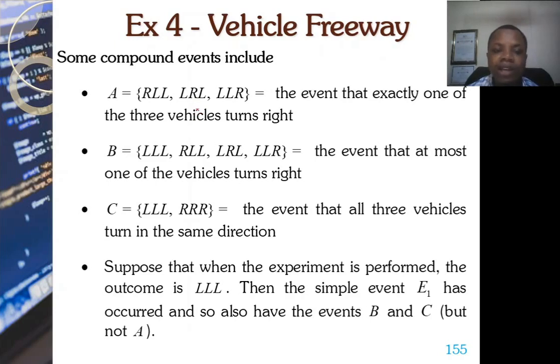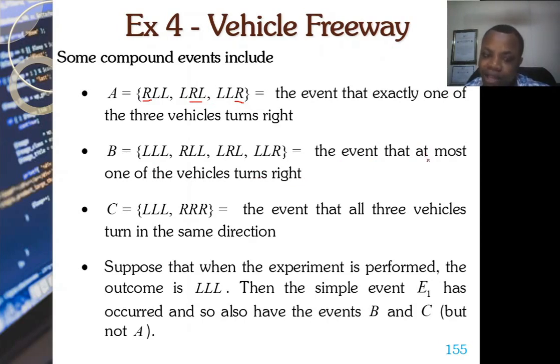Now looking at the sample space that we have, the only situation where only one car turns right is the one that we have here, and that constitutes our event. But for this event, you could see that it's more than one outcome, and that makes it a compound event.